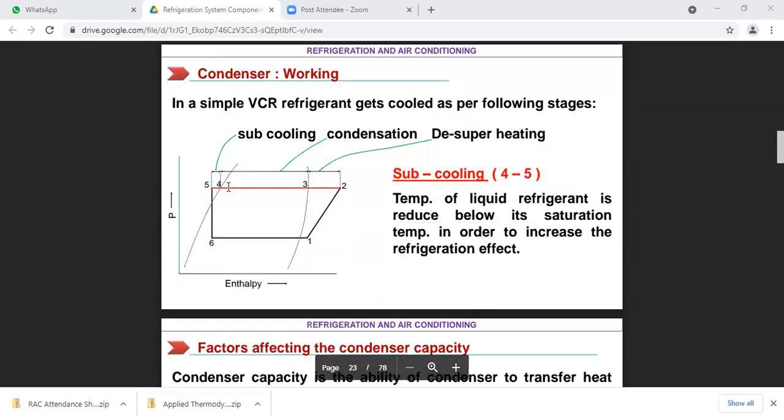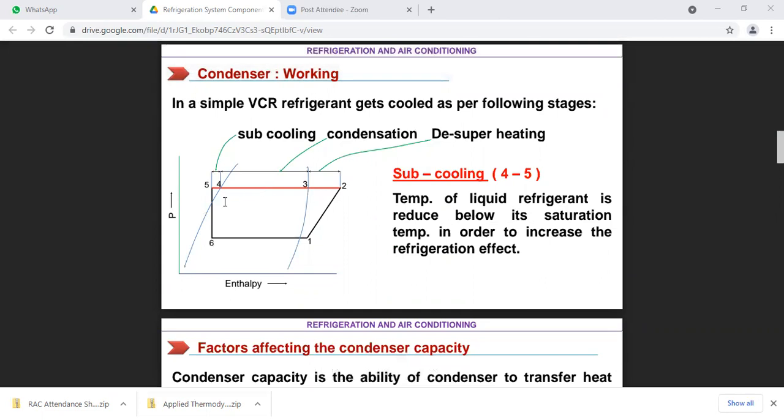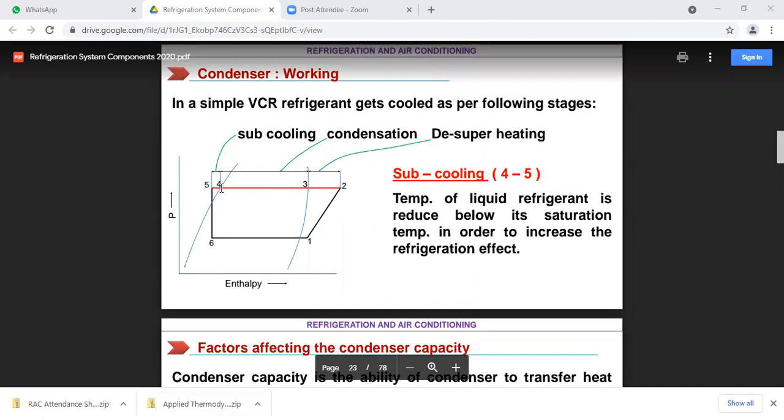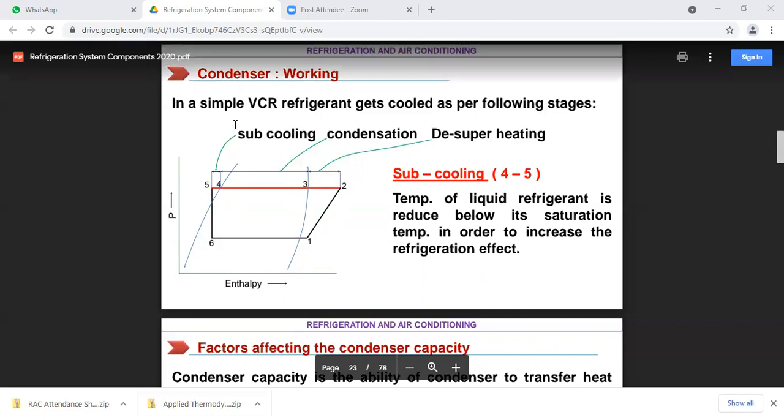In the subcooling from 4 to 5, the temperature of the liquid refrigerant is reduced below its saturation temperature. What is the effect of this de-superheating and subcooling? The refrigerating effect is increasing. So this is the condenser working.